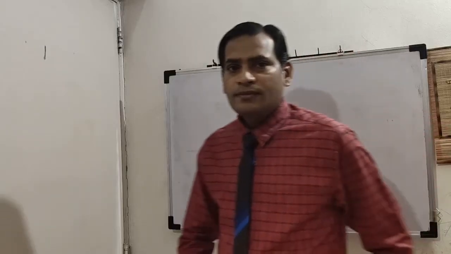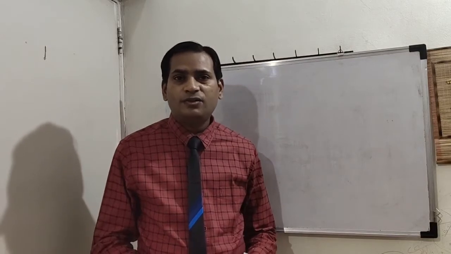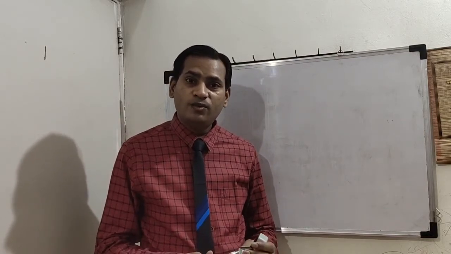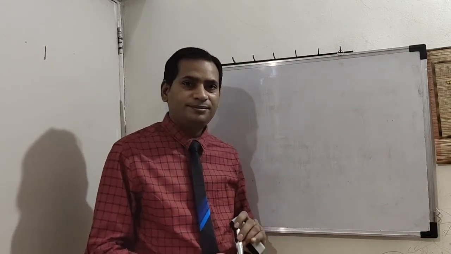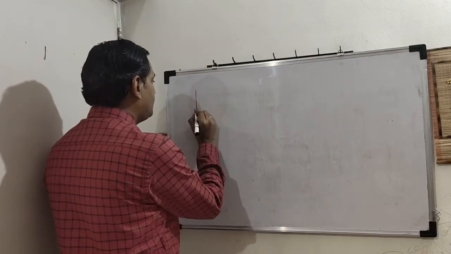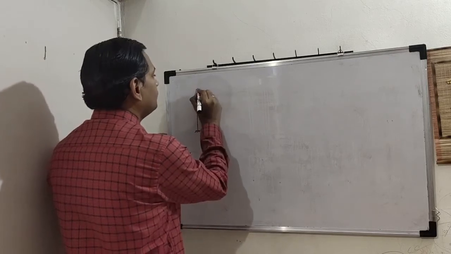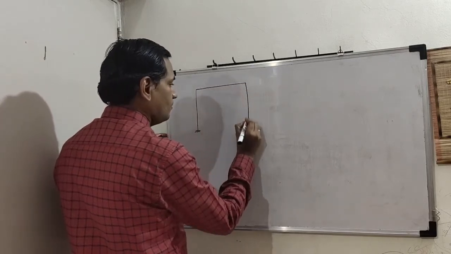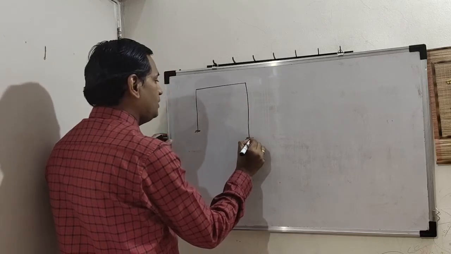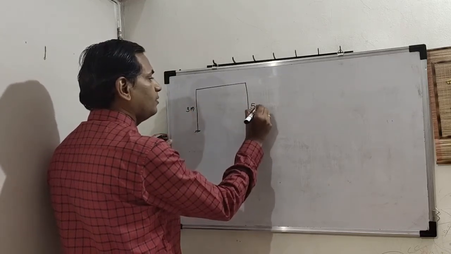Thank you. Hello friends, now we shall solve one more last variety of portal frame having unequal column heights. Okay, so this is the frame with simple loading. We shall say this height is 3 meter and this is 5 meter.